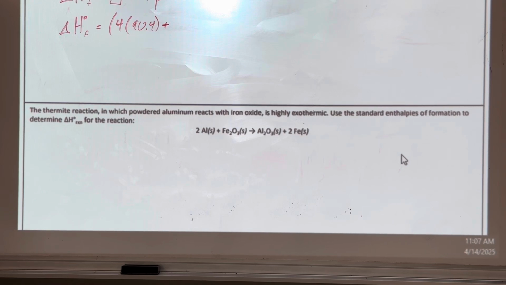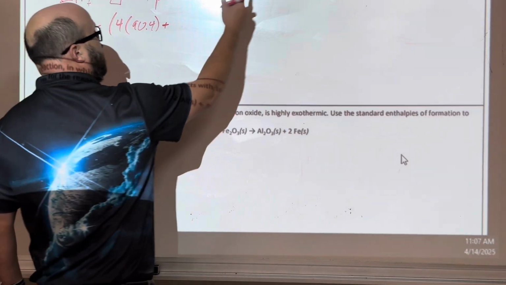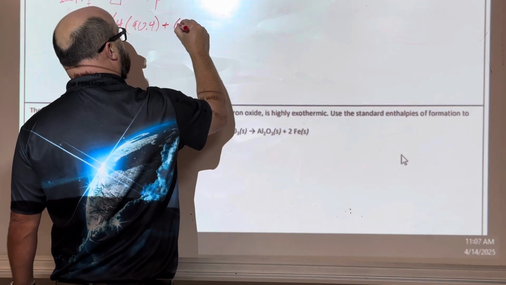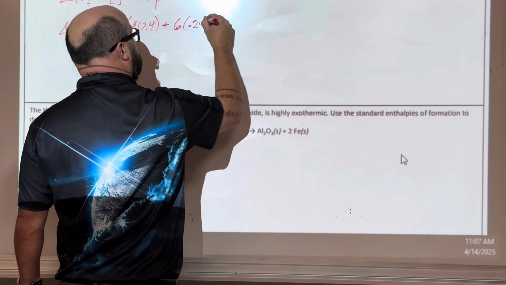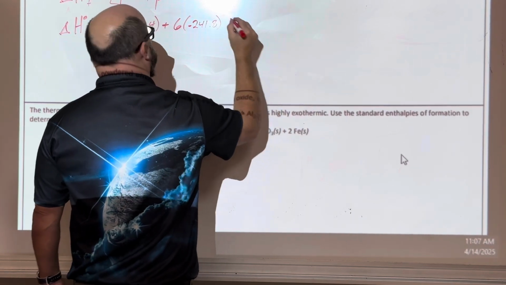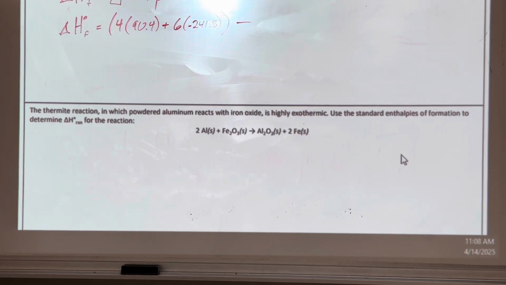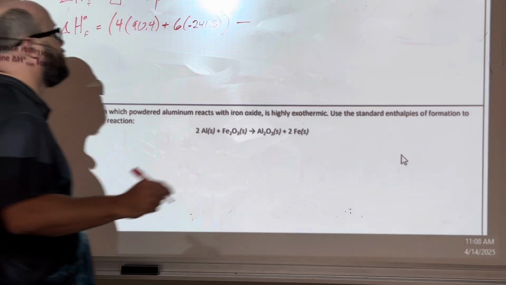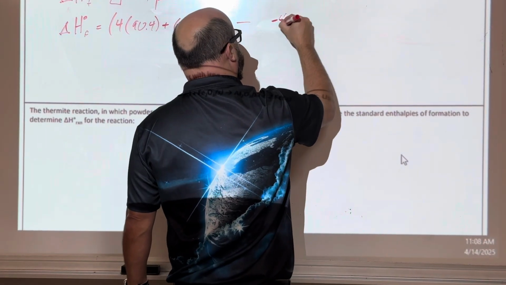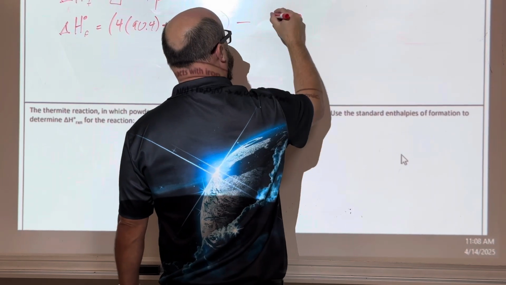Let's see. Negative 241.8. And there's 6 of those. All right. And now we're going to go to the reactant side. First up, we got NH3, and that is a negative 46.2. There's 4 of those.